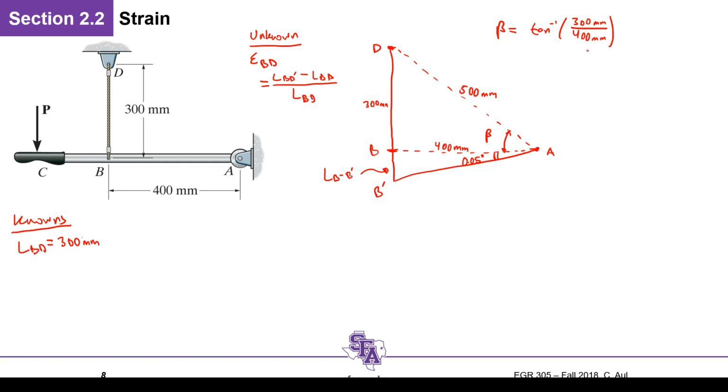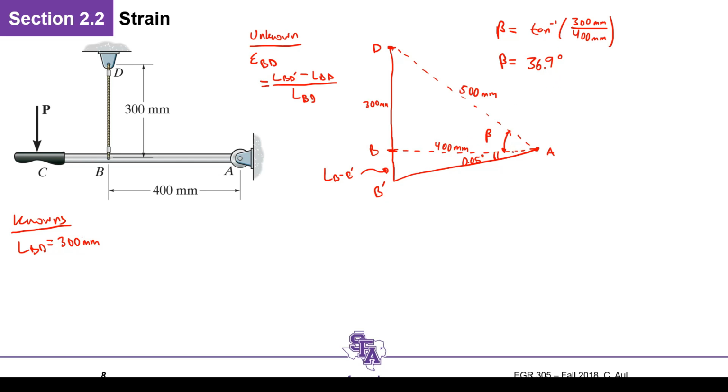And I've got my calculator right here. I'll do that real quick. And that gives beta equal to 36.9 degrees, right? Which is really for the 3, 4, 5 triangle. The angle that I always remember is 53.1, right? So that's opposite of that value.